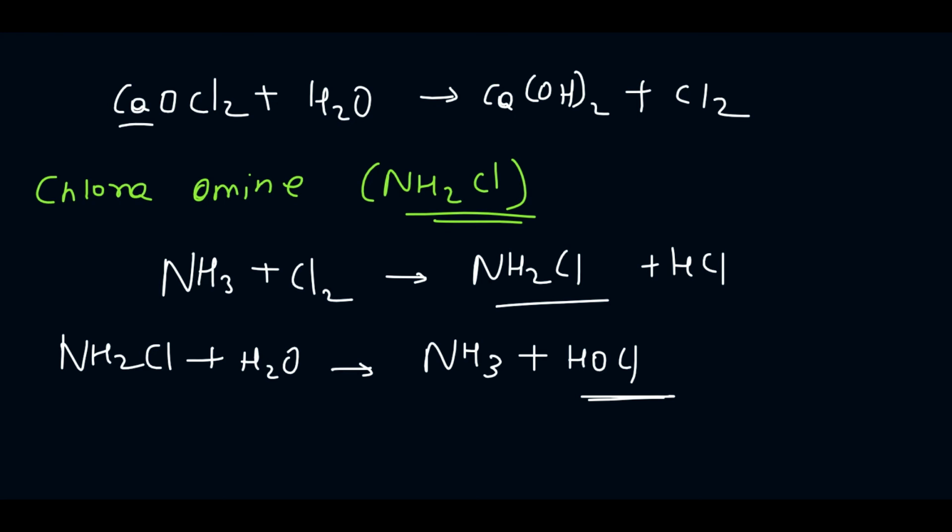Okay, I have already told you that it is an unstable acid, so it breaks into HCl plus one nascent oxygen. This is the process of the chloramine, that is NH2Cl.